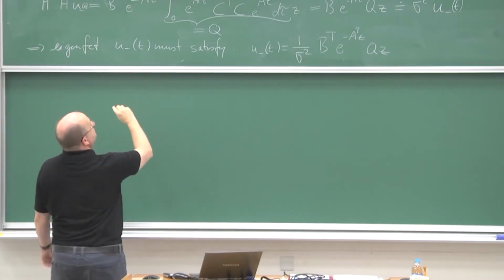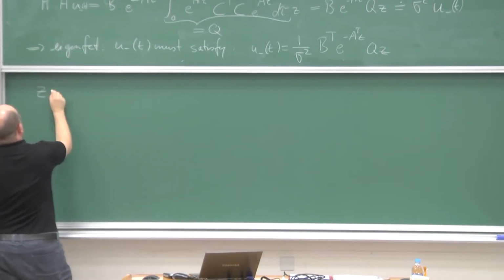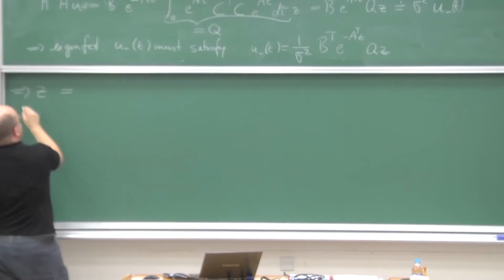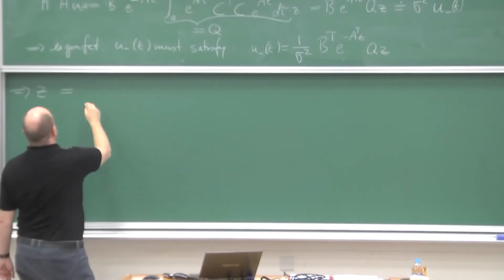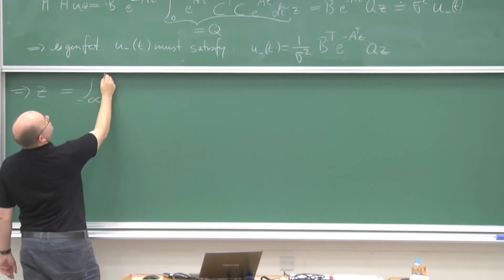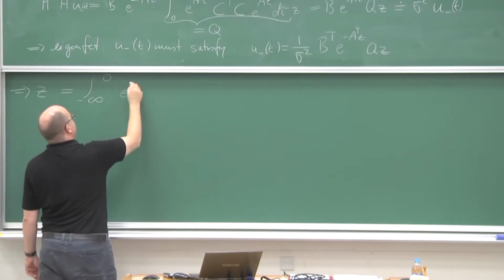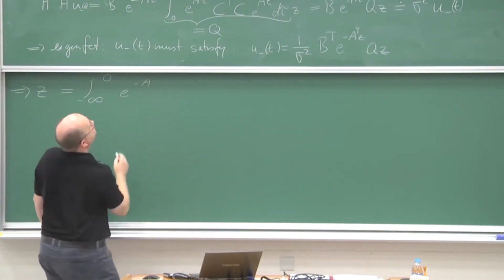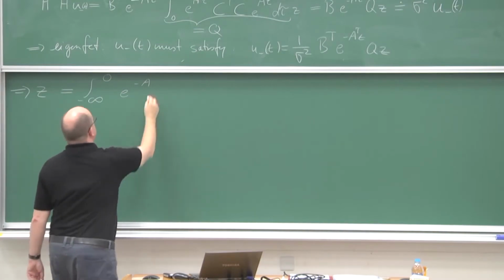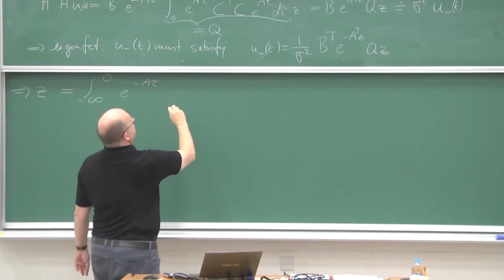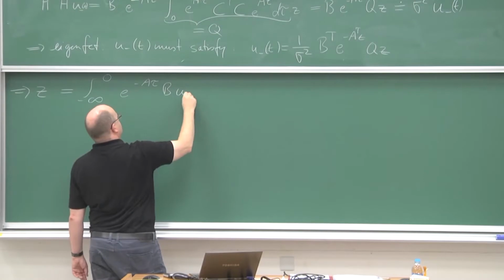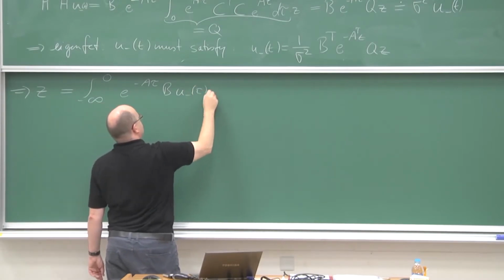So we write it down again. First, minus infinity to 0, e to the minus A tau, B u minus of tau d tau.